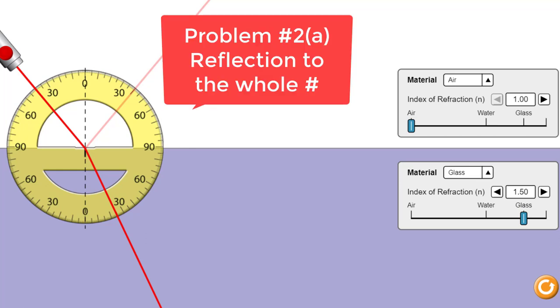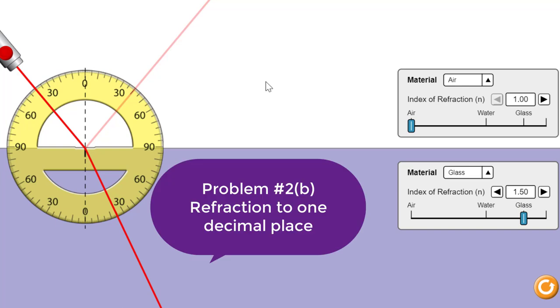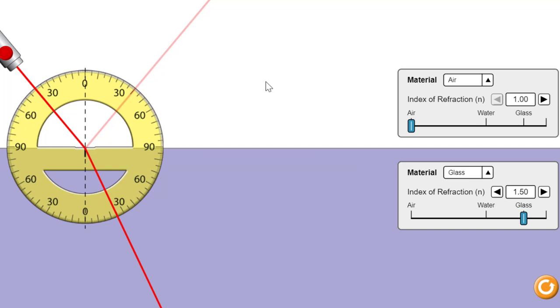Problem 2B, to 1 decimal place, what angle is it refracted at? Remember, you can't just look at the picture for this. You're going to have to calculate it using Snell's law.